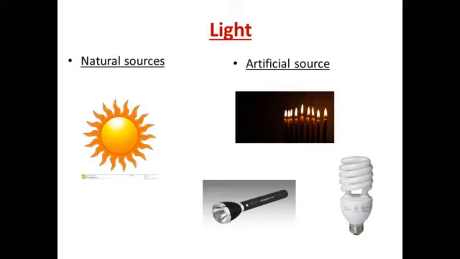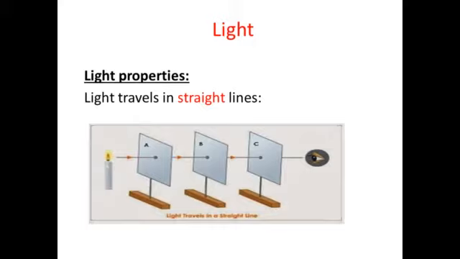Light properties. There are many light properties that we are going to study, like light travels in straight lines. To know how light travels in straight lines, let's do the following activity in which we are going to get a candle and 3 screens or 3 stands, and put them in a line, making a hole in each one of them, and this hole is in the same place in each one of them.